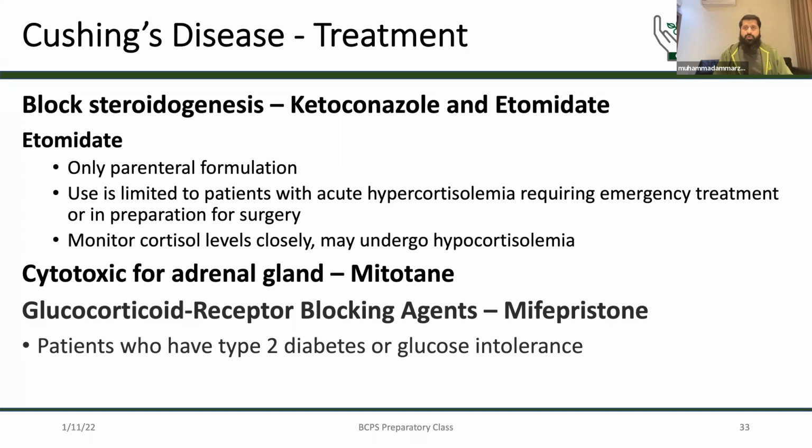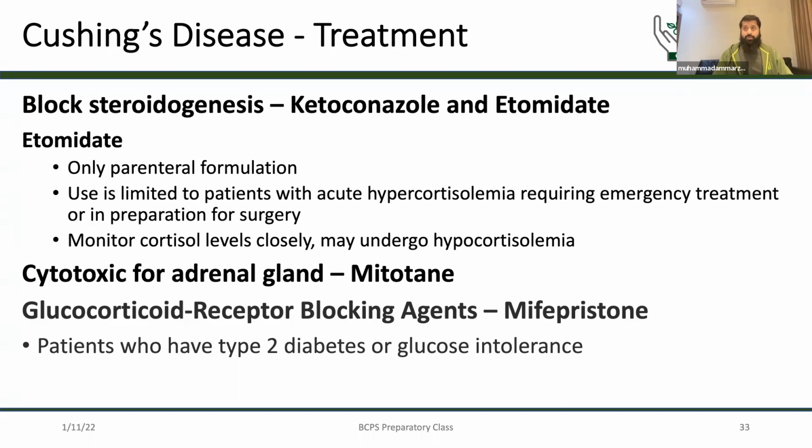I would like to focus mainly on mifepristone because this is very important. As you already saw, patients who have increased levels of cortisol are more prone to develop diabetes. So in such patients who have diabetes and Cushing disease, mifepristone comes in handy because it is a glucocorticoid receptor blocking agent, and it is very useful in patients who have type 2 diabetes or glucose intolerance.